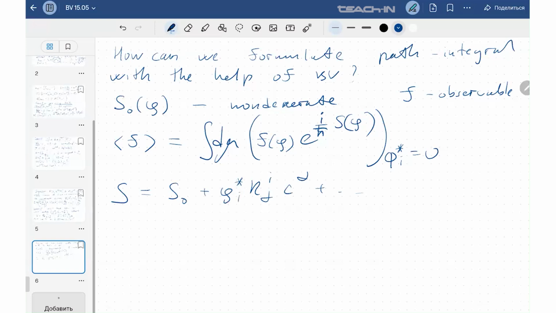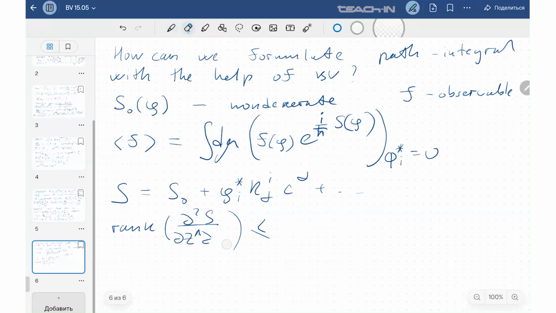And we know that the rank of the second derivative d phi d phi star, so the degeneracy of our BV action, it's not a good notation, but let me use it here, should be the dimension over 2, right?